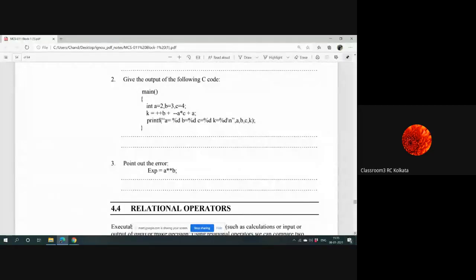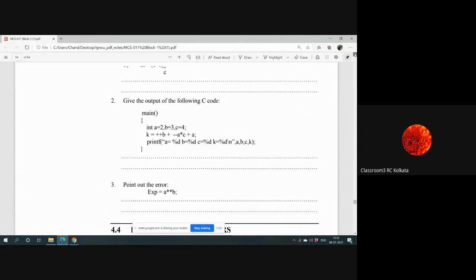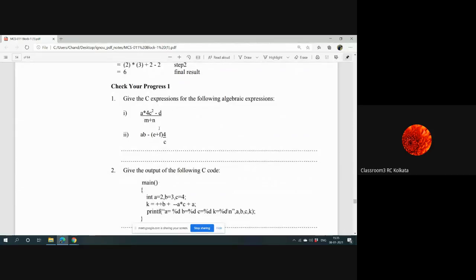I told you, there are logical operators and relational operators. Who are the relational operators? Please try this sort of sums at home, because they are also asked in your question paper, like a*4*(c-d)/(m+n). This way it will be represented.